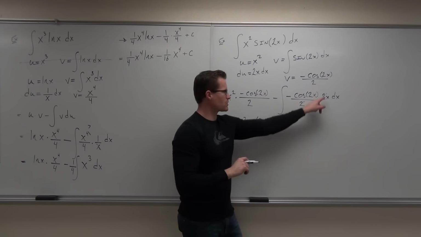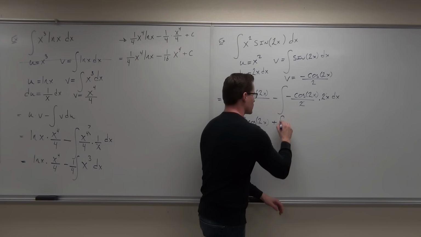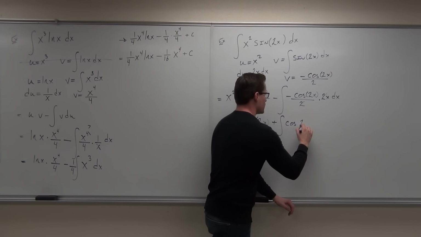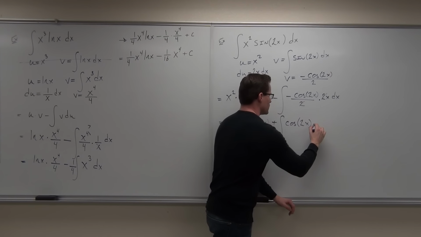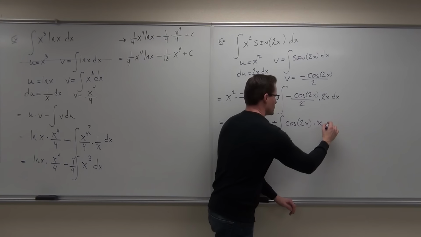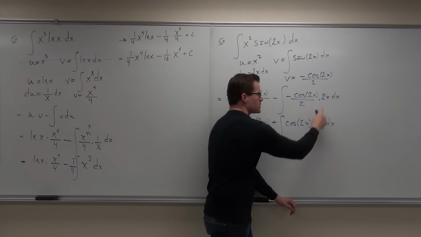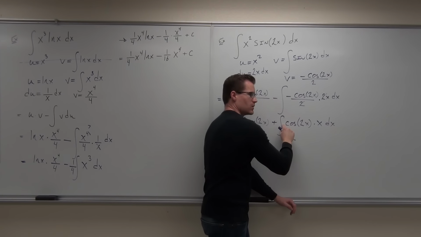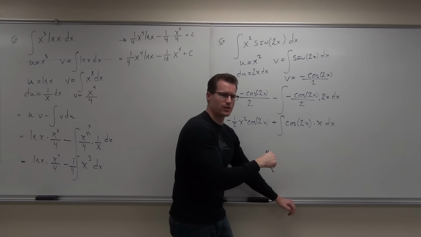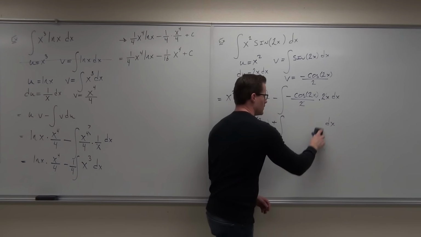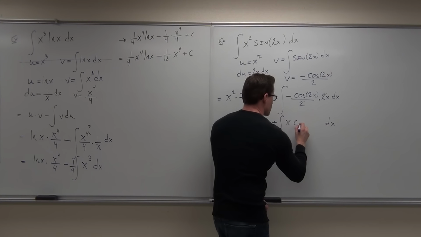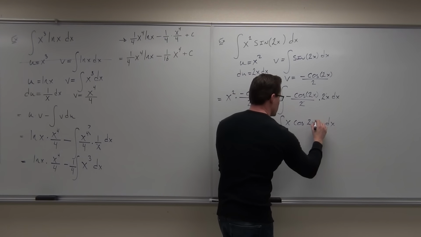Yes. The 2's are gone. Let's make it plus the integral of cosine 2x times x dx. You could even, if you want to, move the x out front right here. x cosine 2x. That might look a little bit better.